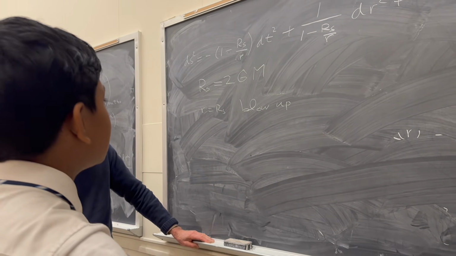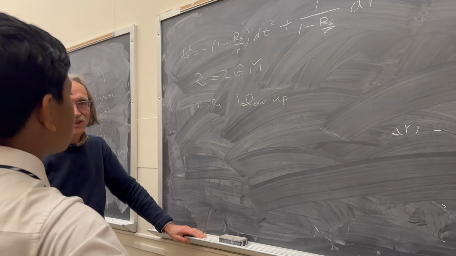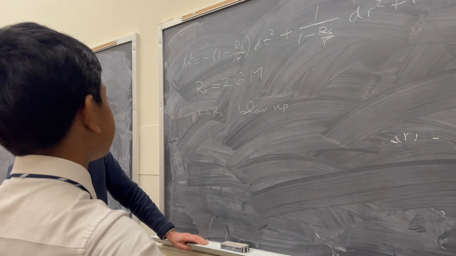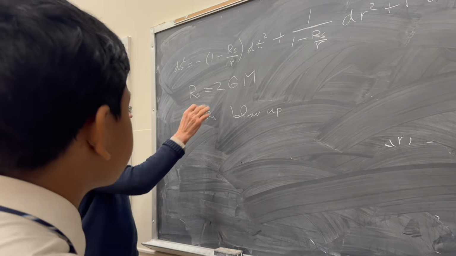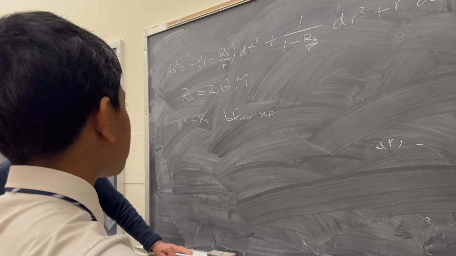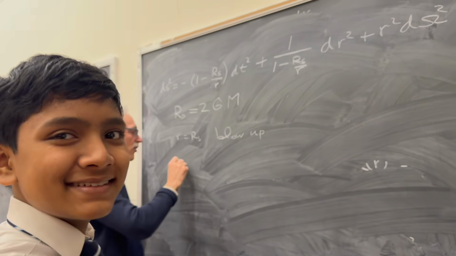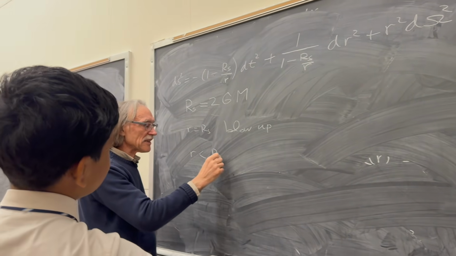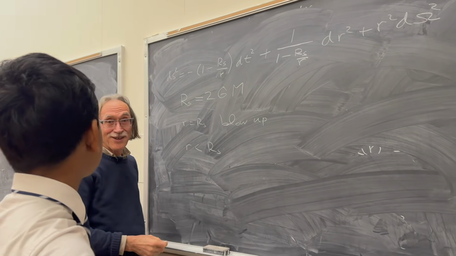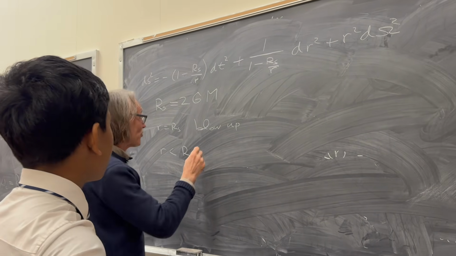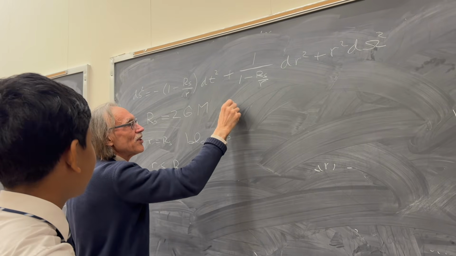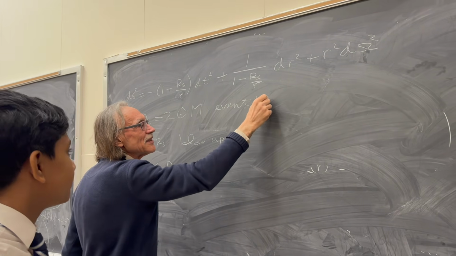If you change the time, ds doesn't change. And this is the Schwarzschild radius. For r less than rs, you are stuck. So rs is also called the event horizon.